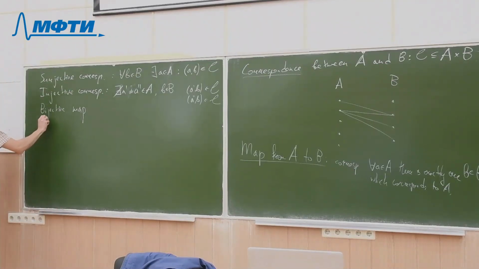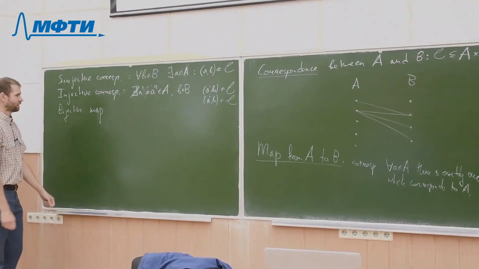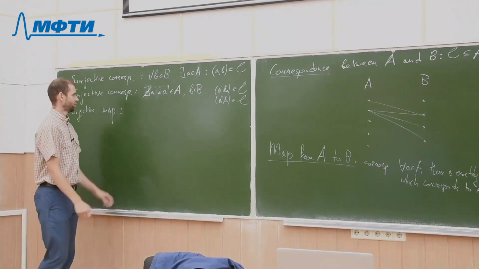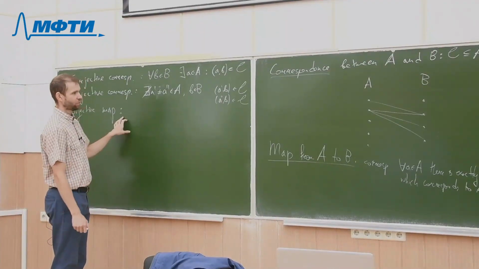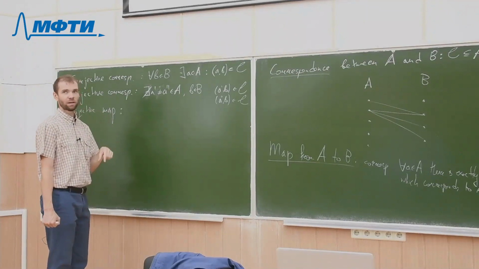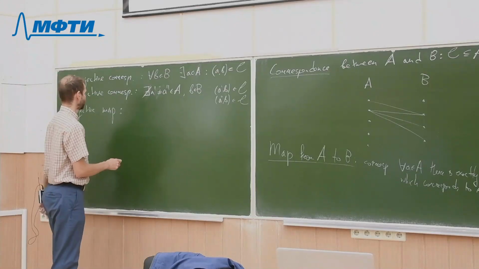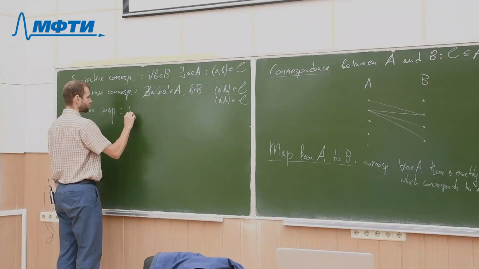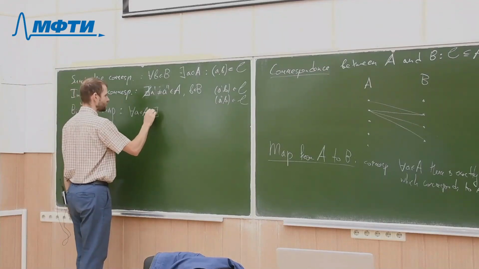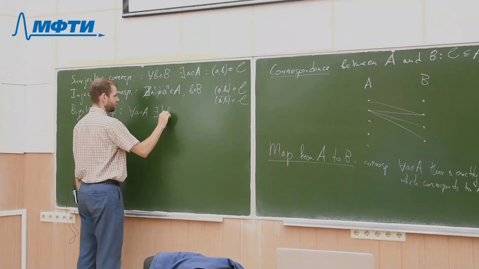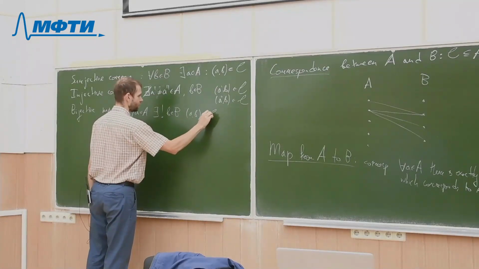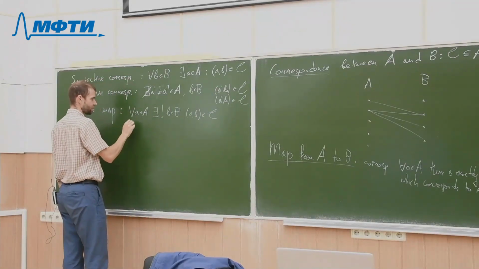Then the bijective map is the simplest in terms of how it looks. A bijective mapping is a mapping where to every object in A there corresponds exactly one object in B, and vice versa. So for every A in A, there exists a unique B in B so that A and B are in correspondence, and vice versa.